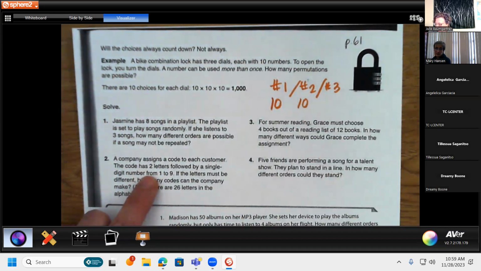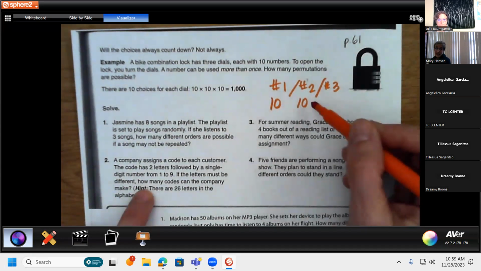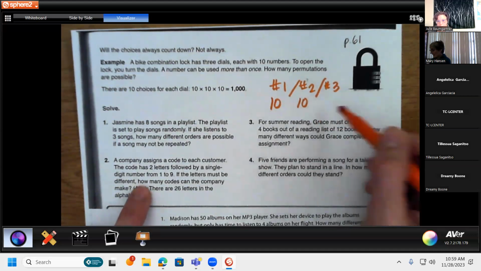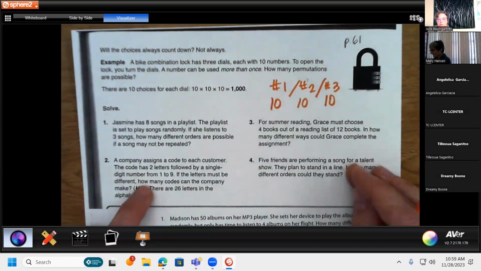In the runners problem or the book problem, I can't reuse the book. Once it's placed, it's placed. If the runner runs across first, he's done. He doesn't run across second also. And in this problem, I can reuse the numbers. So I still have 10 choices for the second number, and I still have 10 choices for the third number.